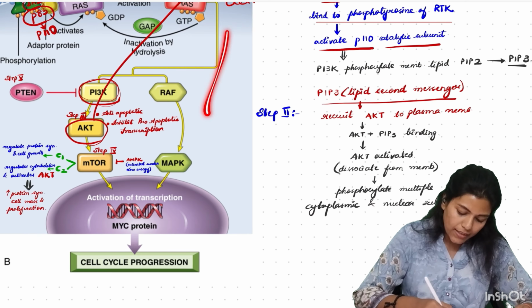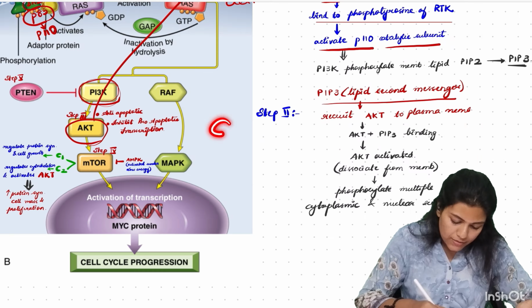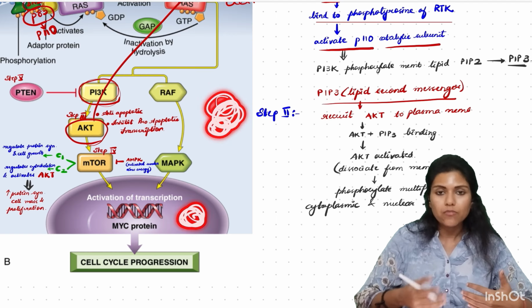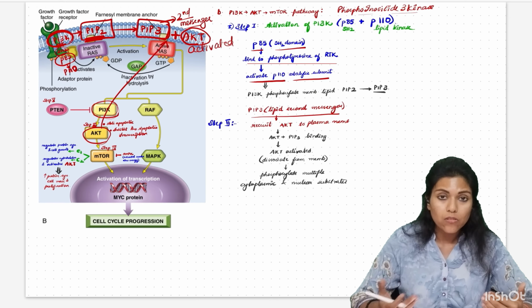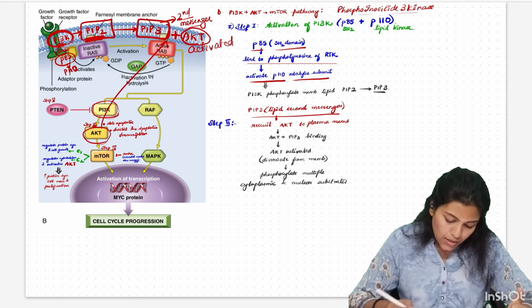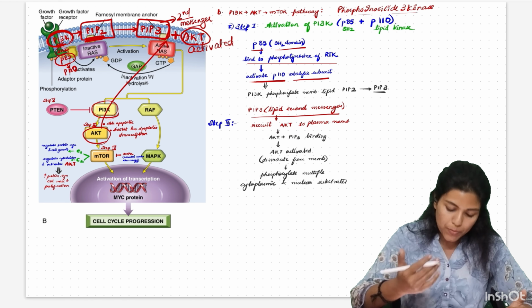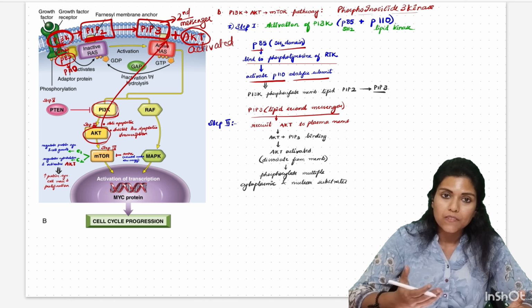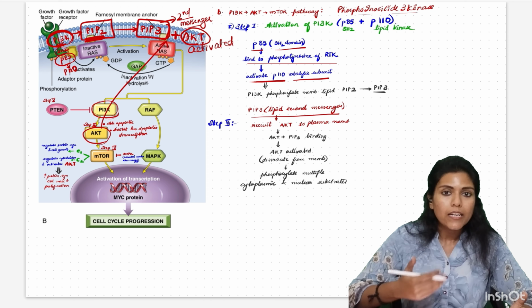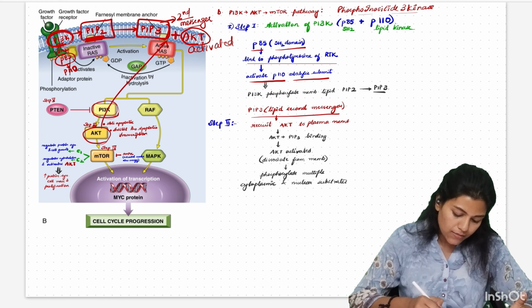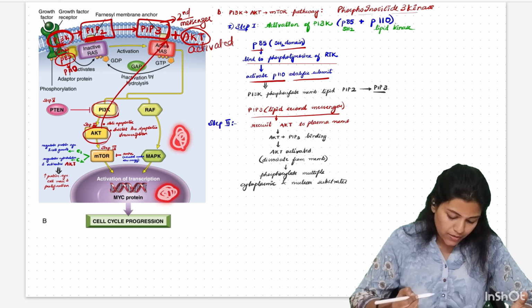It will further activate other substrates. This is about step 2: recruitment of AKT to the plasma membrane, and how after activation it dissociates, comes inside the interior, and phosphorylates and activates other cytoplasmic and nuclear substrates.